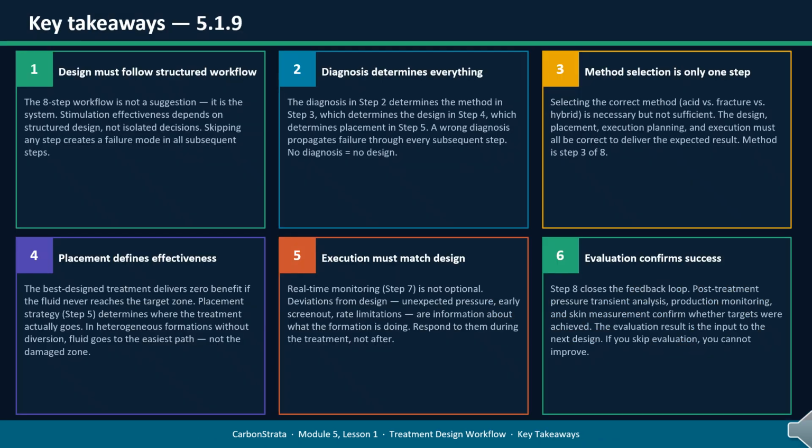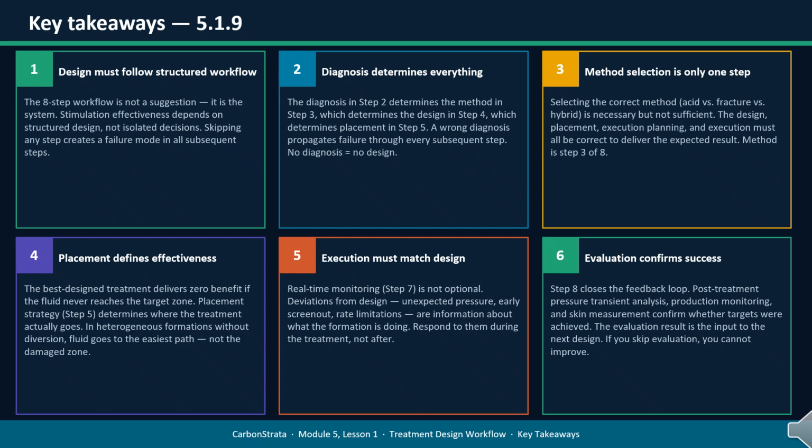Everything reduces to one structure. 8 steps. 1 dependency chain. Break one step. The system fails. Now the controlling rule. Diagnosis determines everything. Every decision after that comes from it. Now the second rule. Method selection is only one step.